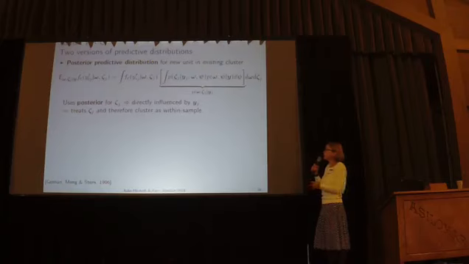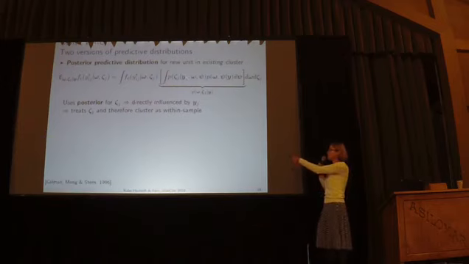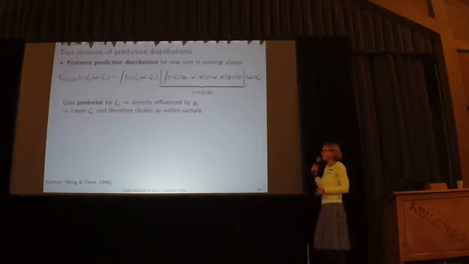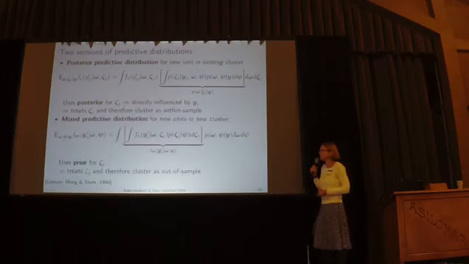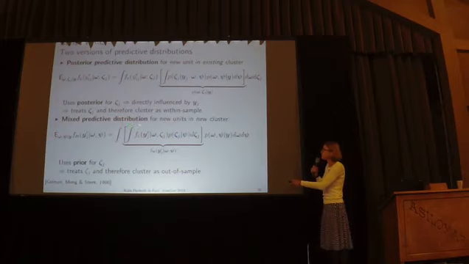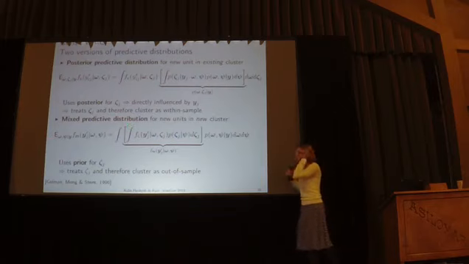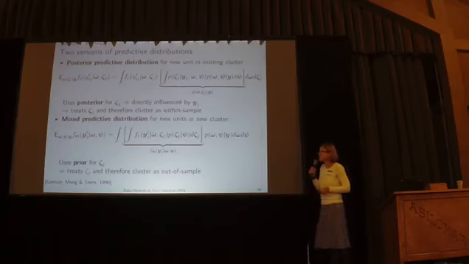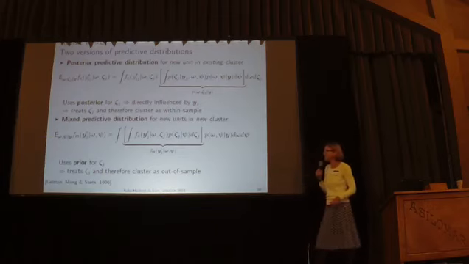So when we use the posterior predictive distribution, we're really checking how predictive our model is for new units from the existing clusters, because we're learning from the existing clusters via the data that we have for those clusters here. Whereas if we use the marginal posterior predictive distribution, this thing in square brackets, this is the mixed predictive distribution, introduced by Gelman, Meng, and Stern in 1996.